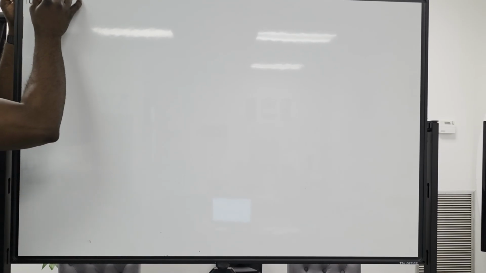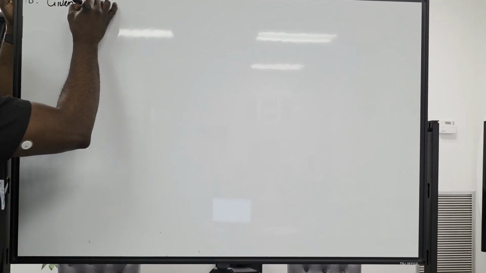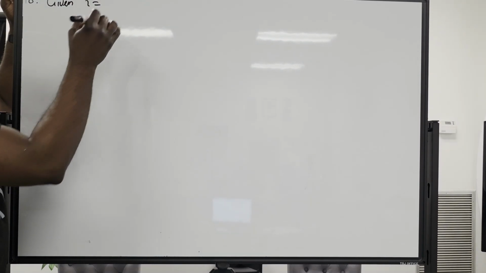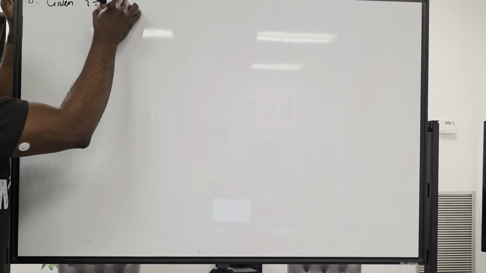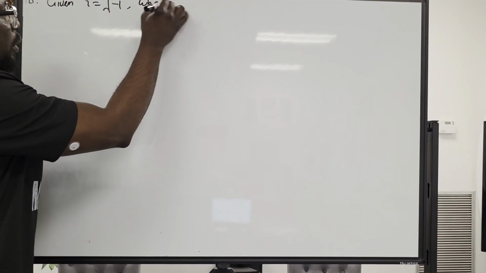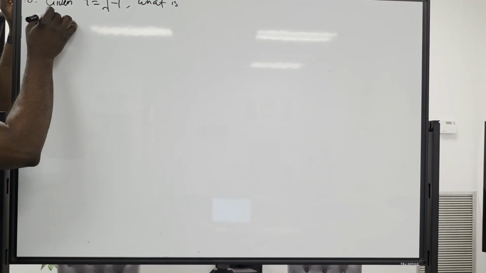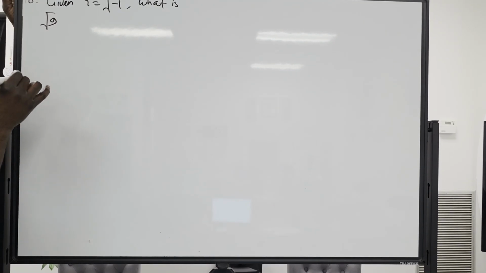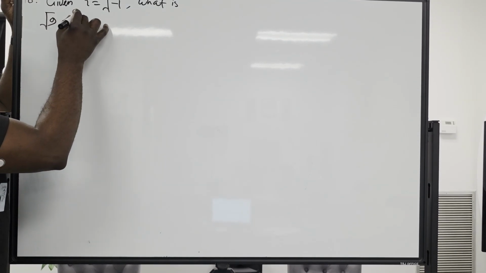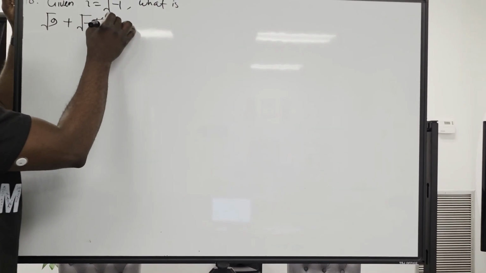Question 18 says, given i is equal to the square root of minus 1, what is the square root of 9 plus the square root of minus 16?